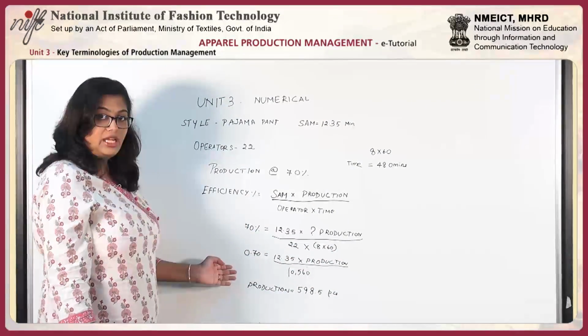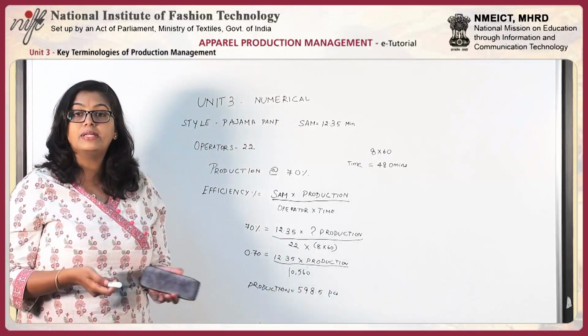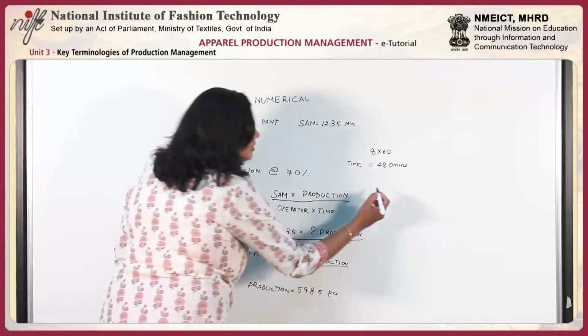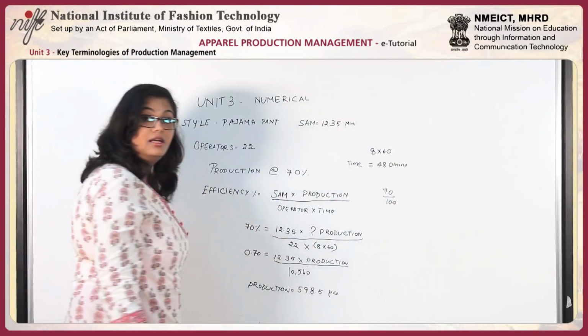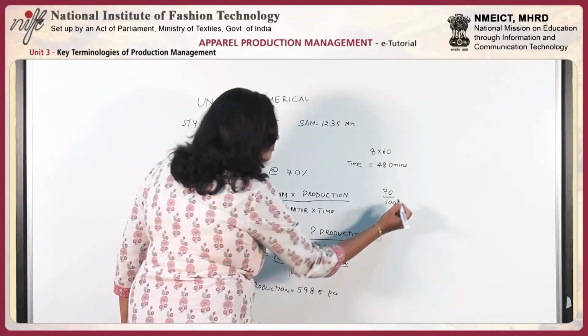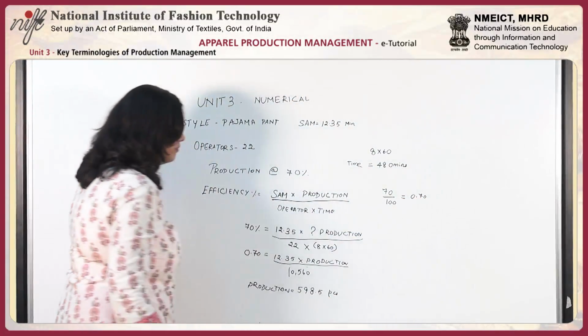When we further do the calculation, 70% is represented as 70 divided by 100, right? So, that would be calculated as 0.70.